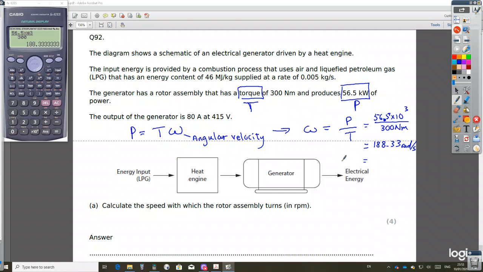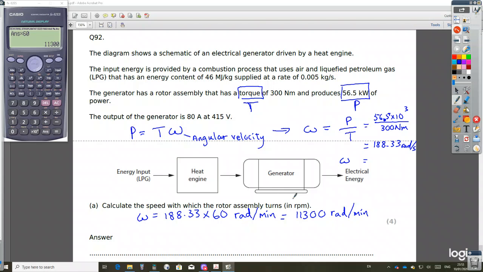So omega is therefore equal to 188.33 times 60 radian per minute. And if I just use the original value times that by 60, I will get an exact value of 11300 radian per minute.